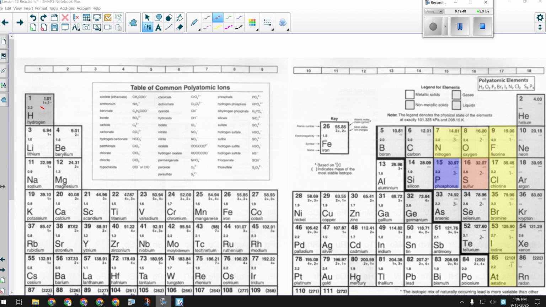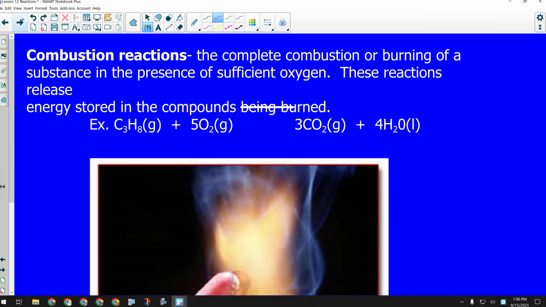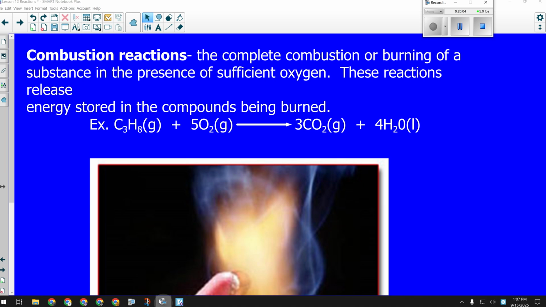All right, I'm going to give you a minute here to copy down what's on the board there, the stuff about the combustion reactions, as well as the example. And then we'll go over what it all means.